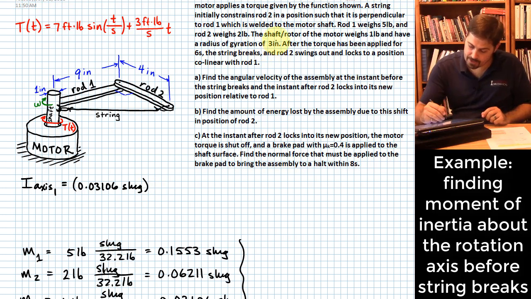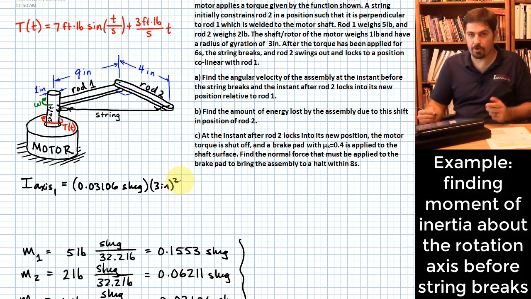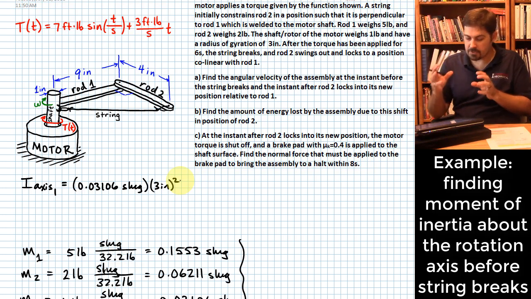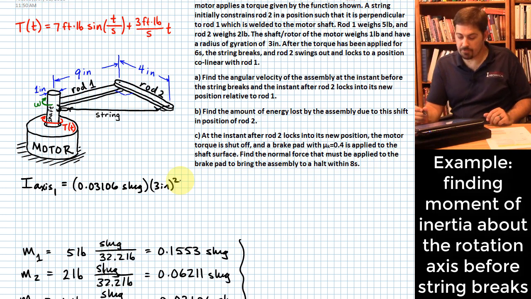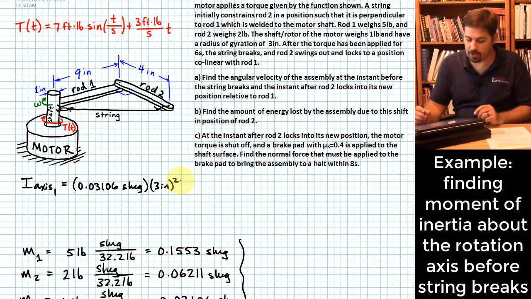So that radius of gyration is 3 inches. Okay, so that part, it's just K. K is that radius of gyration, so K squared times M, and you get your moment of inertia contribution from just the shaft and rotor part of it.